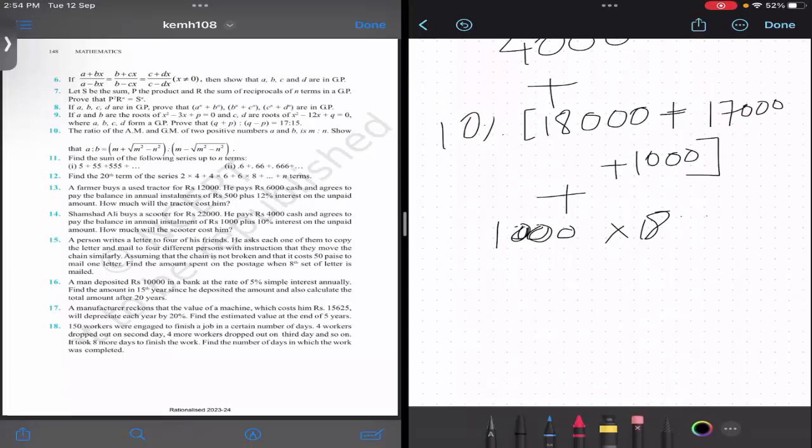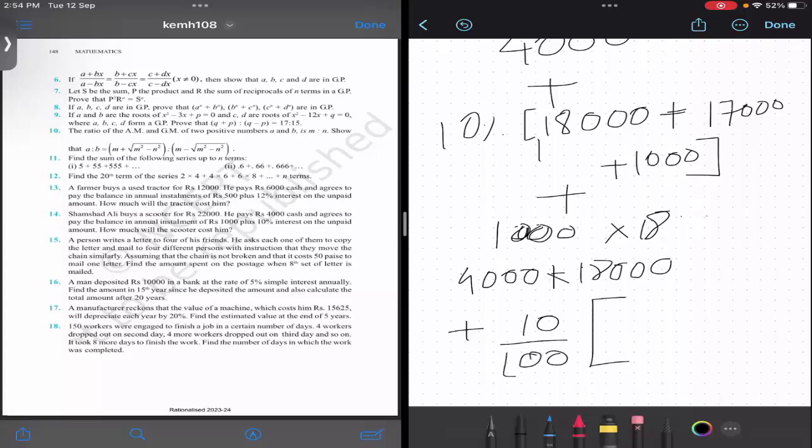So the total amount that he paid is 4,000 plus installments every year, and that is going to be 18,000 again. This 18 into 1,000 plus 10% on this amount. Let me write 10 upon 100 of this entire AP, which would have 18 terms.